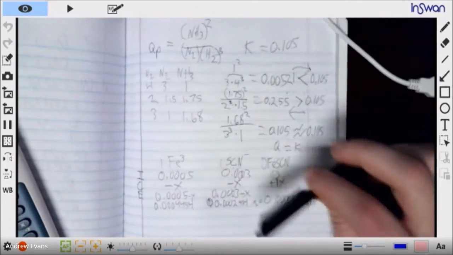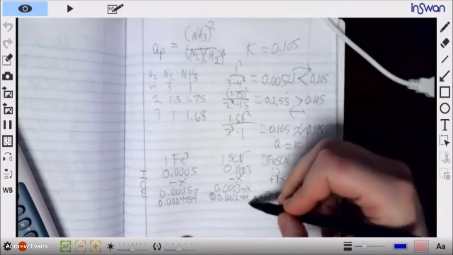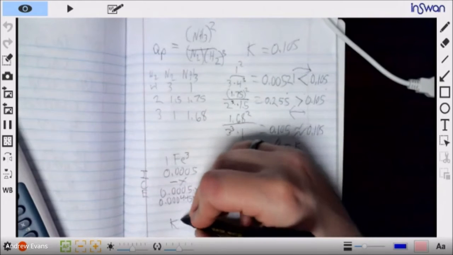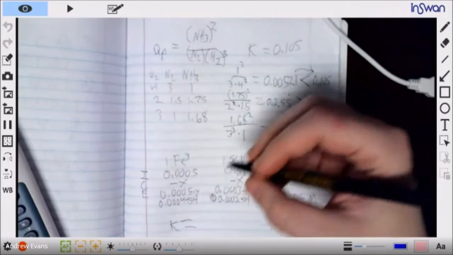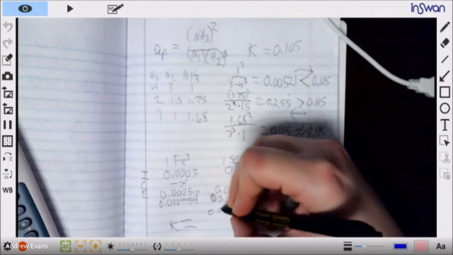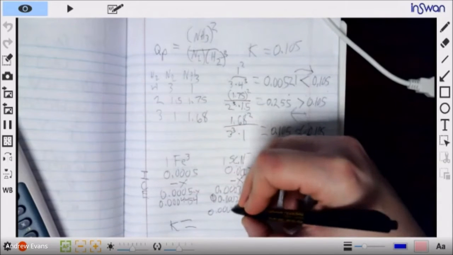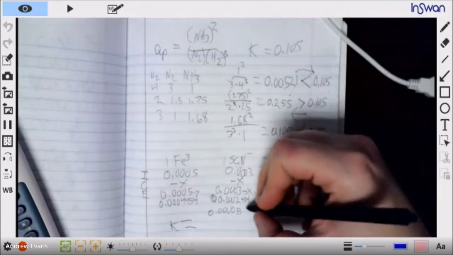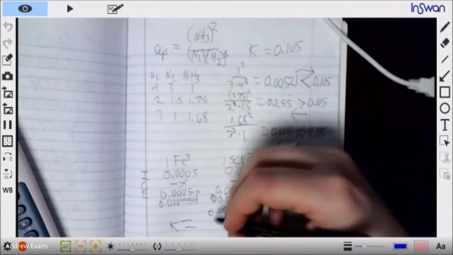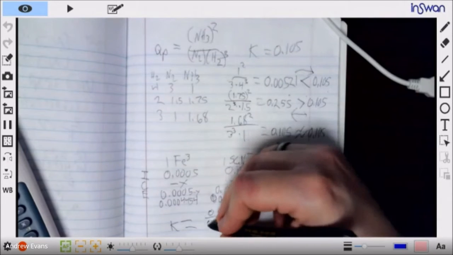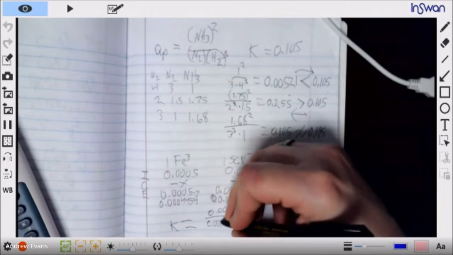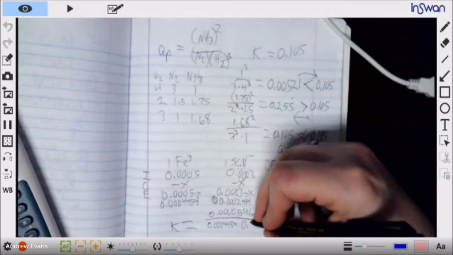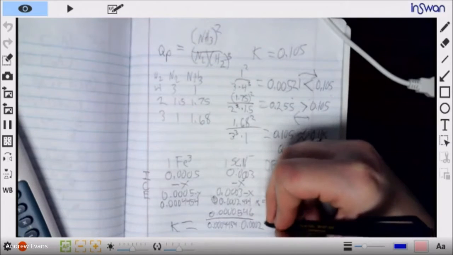Now we have equilibrium concentrations for all things involved, so we can set up our K. K is equal to 0.0000546 divided by 0.00044454 times 0.0002454.